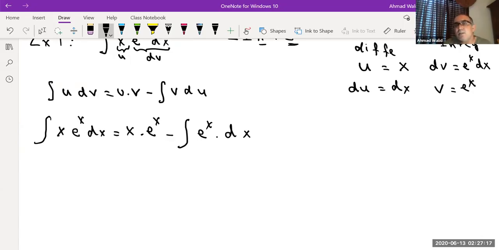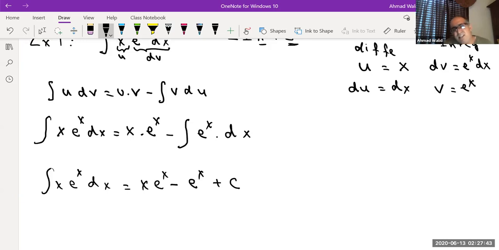Just deal with this part and you are done. Then you can say integral of x e to the x dx equals x e to the x minus, what is integral of e to the x? Integral of e to the x is e to the x. Because you are dealing with indefinite integral, then plus c.